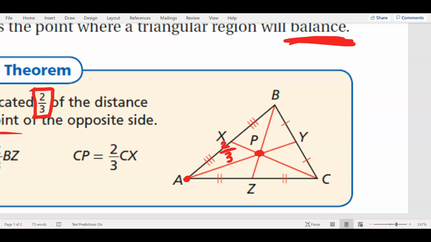Now think about this. From P to Y, the smaller section, if the big section is 2 over 3, what's the other section going to have to be? No. So think about it. There's 3/3. If 2/3 are gone, what's left? 1/3. Okay. So if you have 2/3 for AP, I want you to write a little 1/3 for PY.